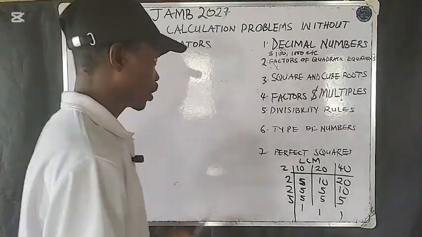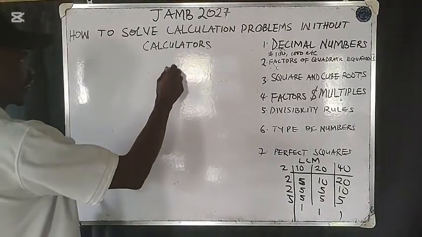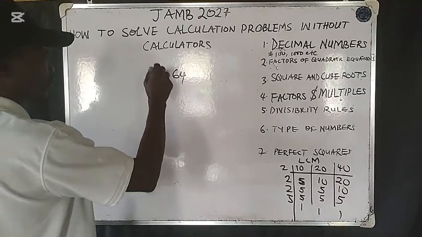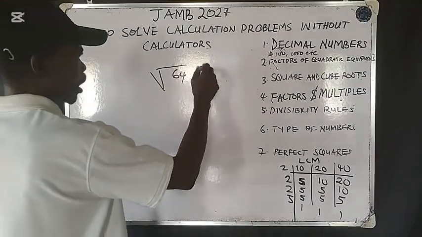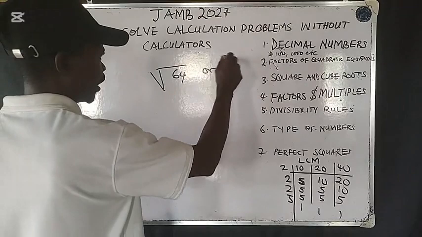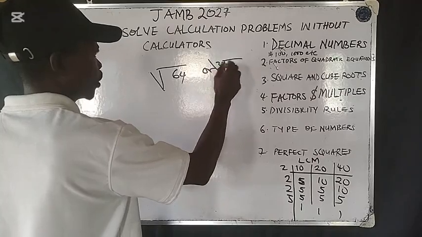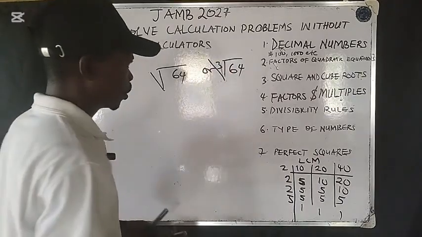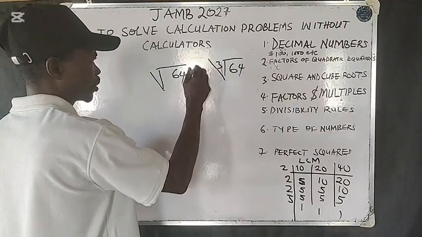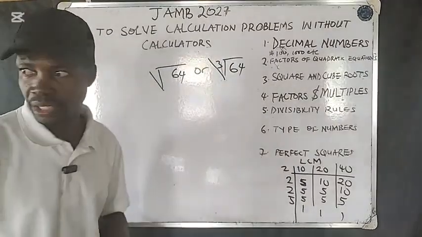Square and cube root. Let's use 64 as example. We want to find the square root of 64, and I want to find the cube root of 64. So remember, we are tackling problem without calculator.